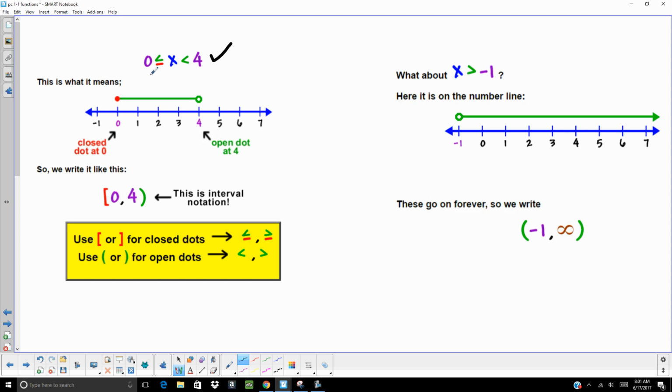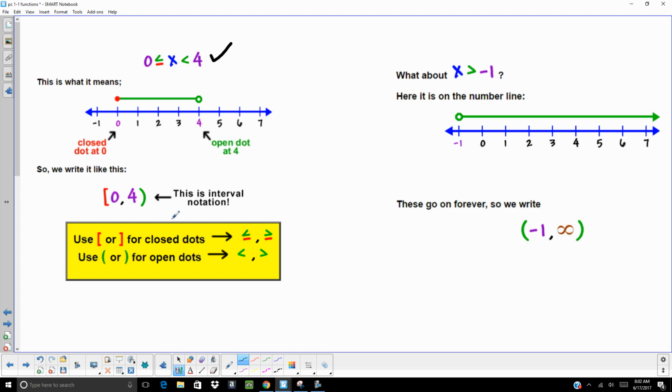There's a different way that we can write this, and it's actually a pretty quick way to do it. Right here, we're going to use a bracket for 0 because 0 is part of the solution, and a comma, and then a 4, and then a parenthesis. We use the parentheses for the open dots.